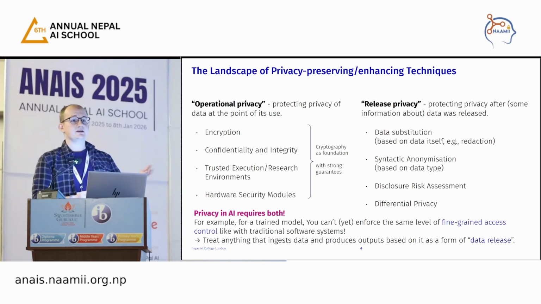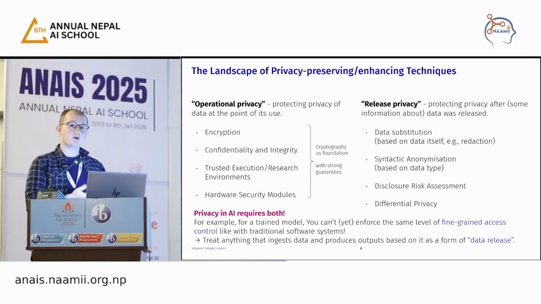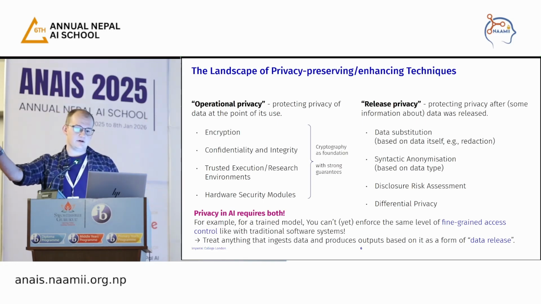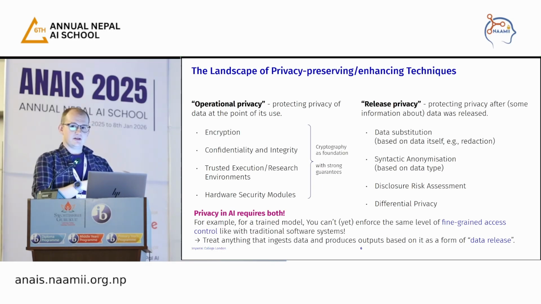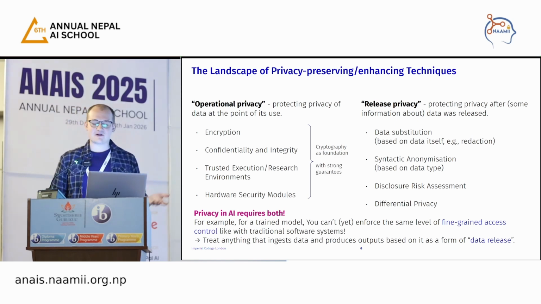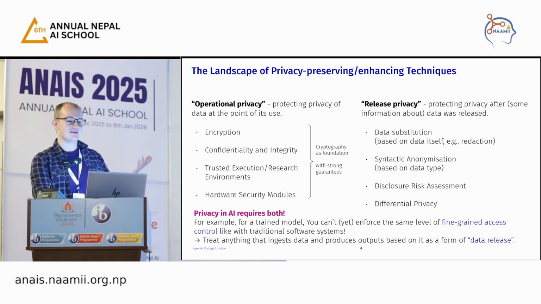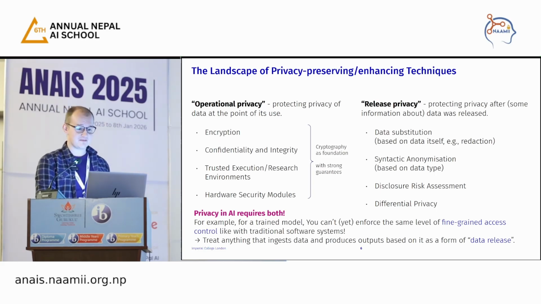For example, in a database, you might have different roles, where you have an admin that might access everything, and a user that has access to only a certain set of tables, and another user that has access only to a different set of tables. Now, if you train an AI model on all of these tables, you cannot enforce the same level of control, right? At least not yet. And if someone else has an idea, then maybe if they publish a paper, they become very famous for it.